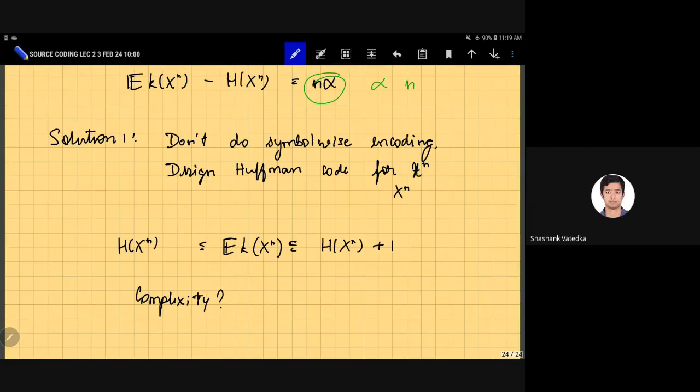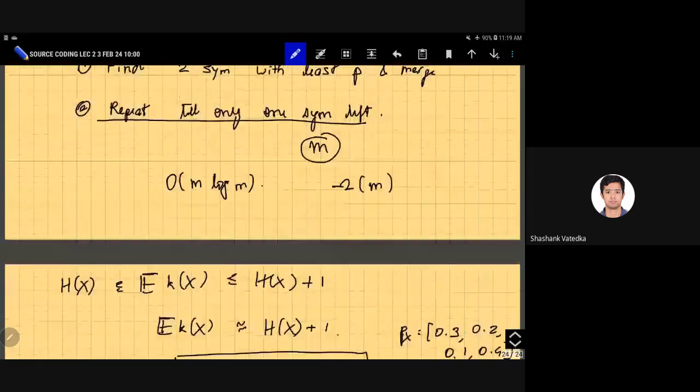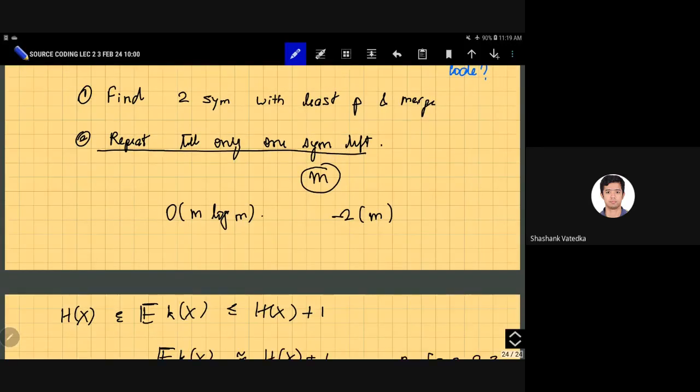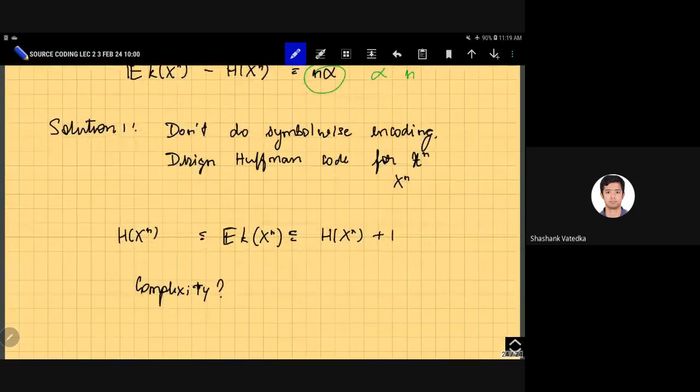If the alphabet size, if the number of symbols is m, then the complexity is order m log m. But here, what is the number of symbols if I want to encode xn?